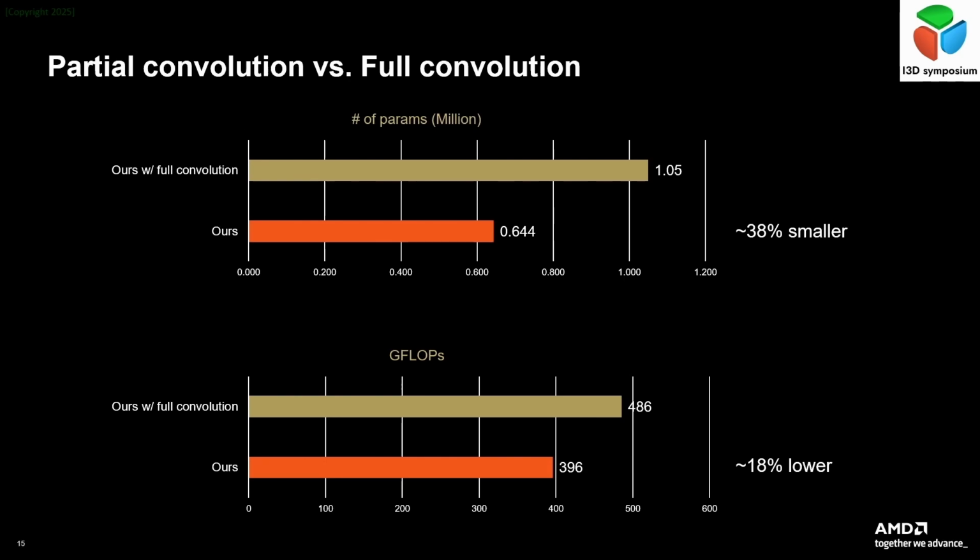The benefit of using partial convolution is that we can have a smaller number of trainable parameters. For example, here we see 38% smaller number of trainable parameters using partial convolutions, as well as 18% lower compute requirement.